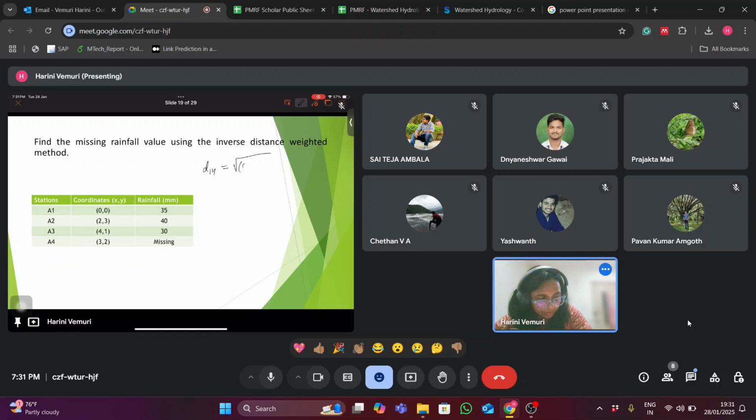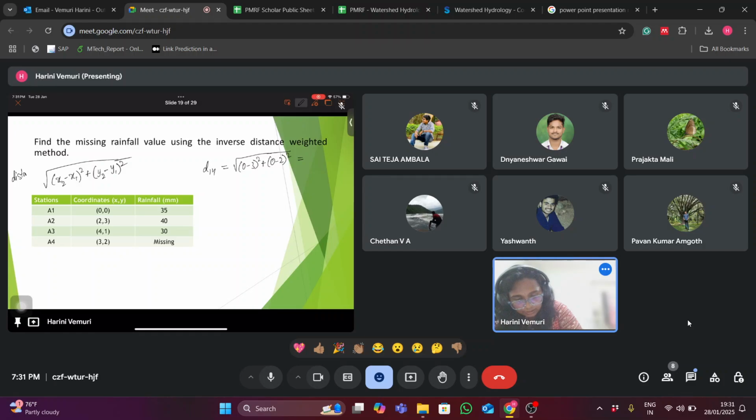That is the square root of (0 minus 3) whole square plus (0 minus 2) whole square. This is the Euclidean distance formula. That is, if the coordinates of two stations are x1, y1 and x2, y2, then we will find the distance between the stations using this formula.